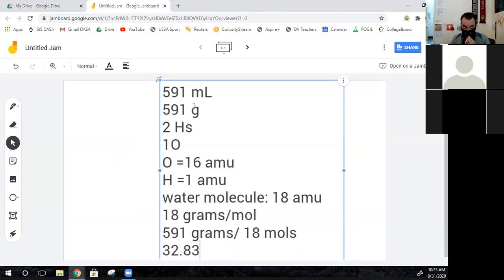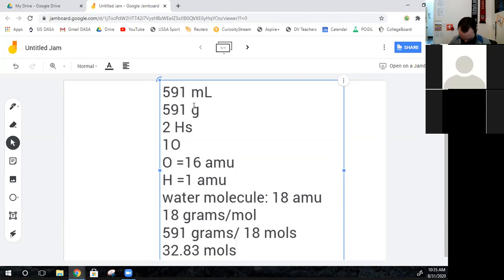We multiply, oh, I will need a calculator for this though, because I've got to multiply it by Avogadro's number. So what was it? 32.83 moles? Not molds, moles.